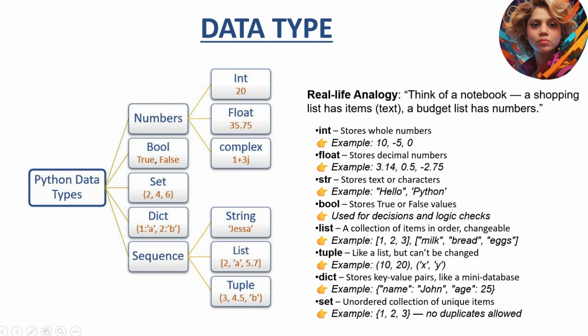Like we use a dictionary when we want to store key value pairs. Also, we need to understand the difference between a set and a list. In Python, sets and lists are both used to store collections of items, but they have distinct characteristics and use cases. List is ordered and allows duplicate items.